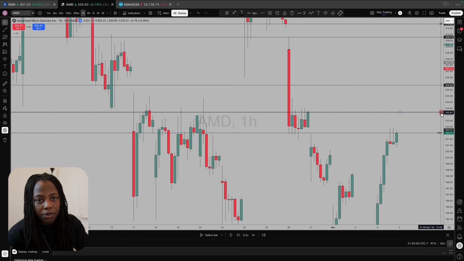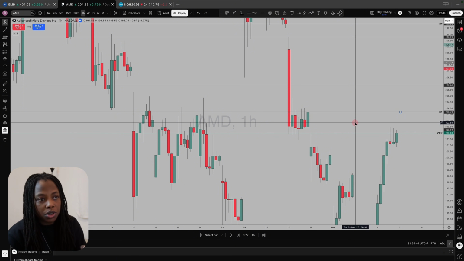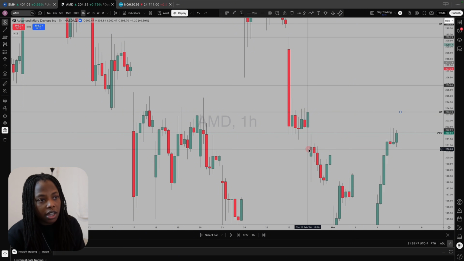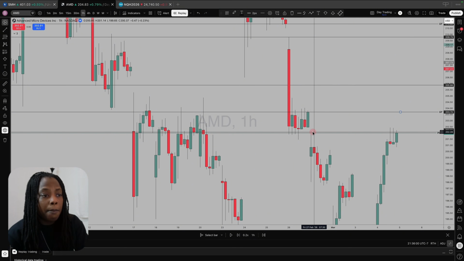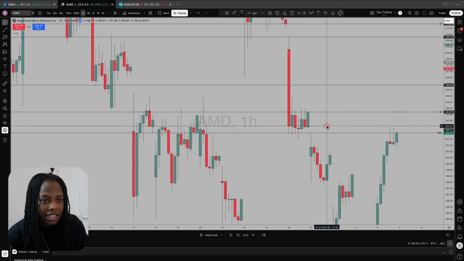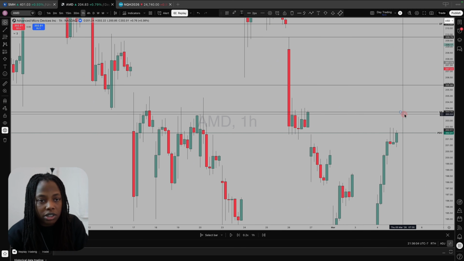So I put gap fill right there, because price closed there and the next session opened right here, almost a 4 point gap down, but it did not fill it yet, so I keep it on the chart.